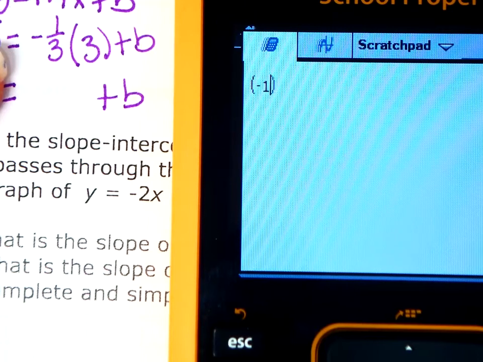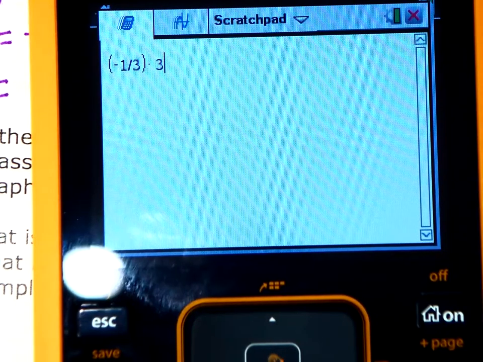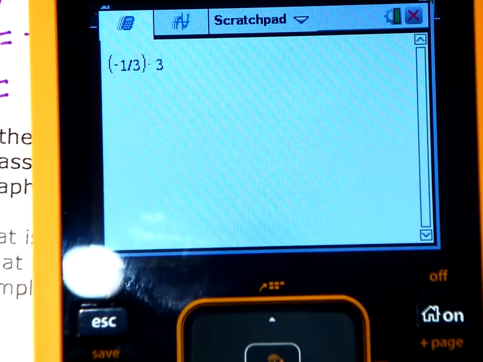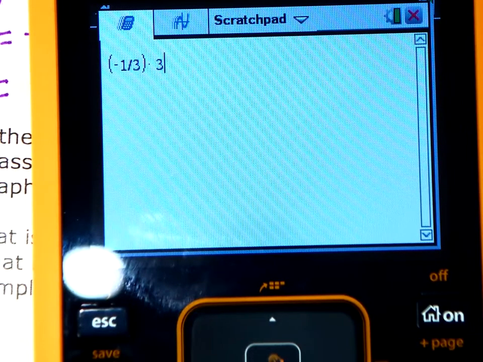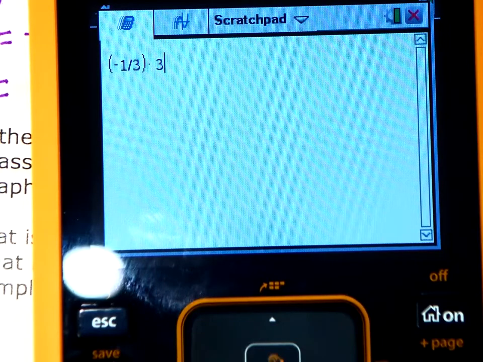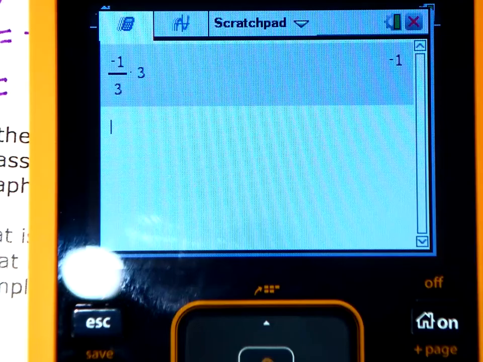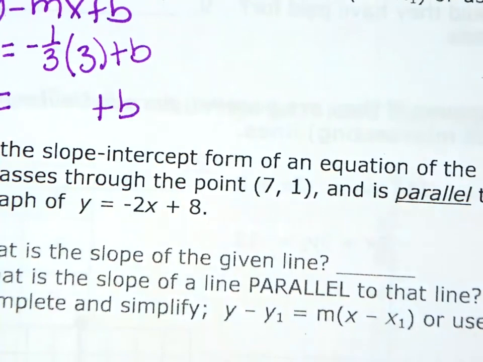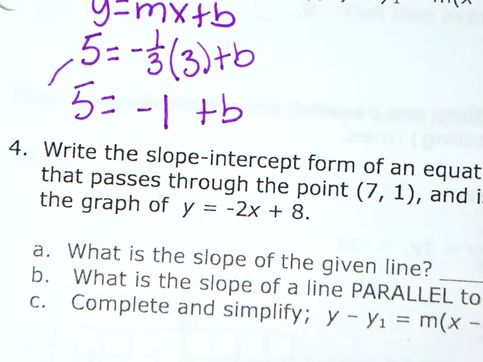Negative 1 divided by 3, close, times 3. Parentheses are to the left of the 0. Push enter. What do you get? Negative 1. So that number goes right there.